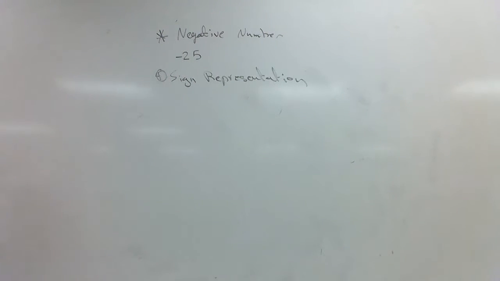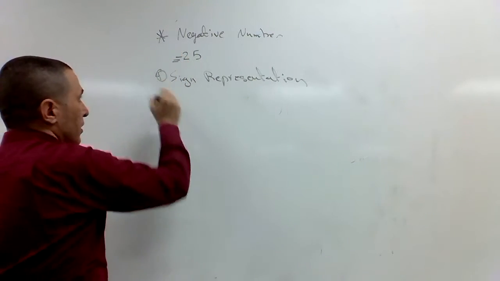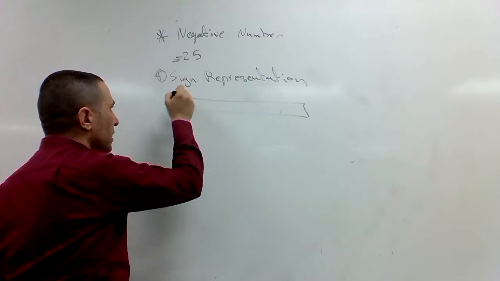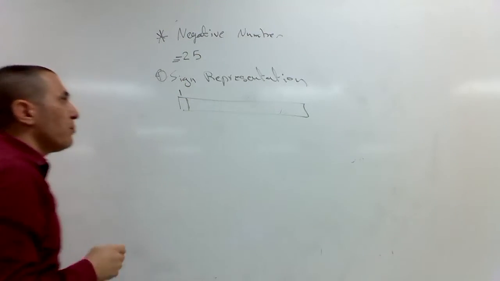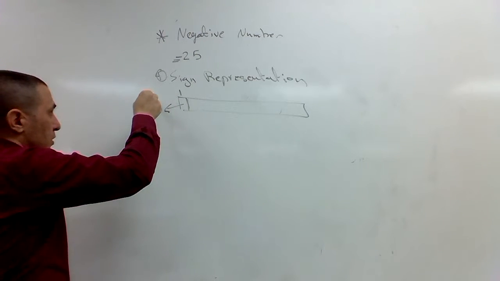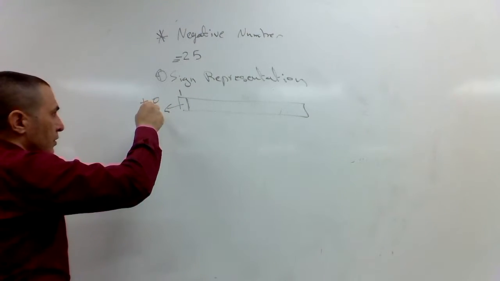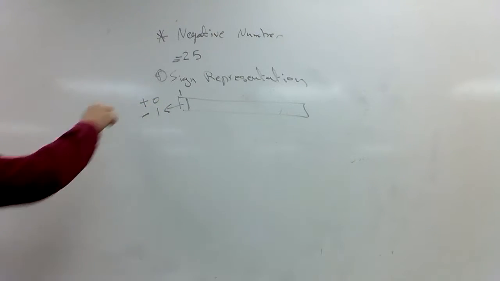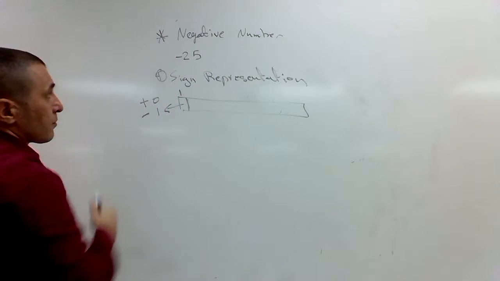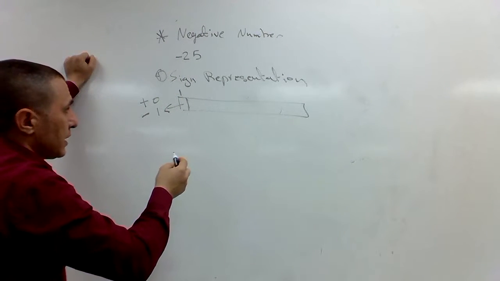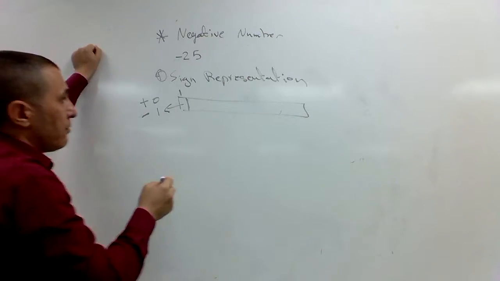One way is the sign representation, taking the most significant bit, adding 1 bit for the sign. 0 for positive, 1 for negative. So I know negative 25 is going to be what? The sign is going to be 1. So let's see how to represent 25.